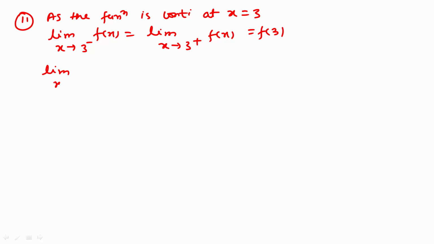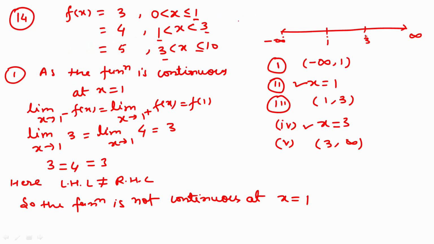Limit x tends to 3 minus means x is less than 3. When the value of x is less than 3, we will take the function 4, and when the value of x is greater than 3, we will take the function 5.